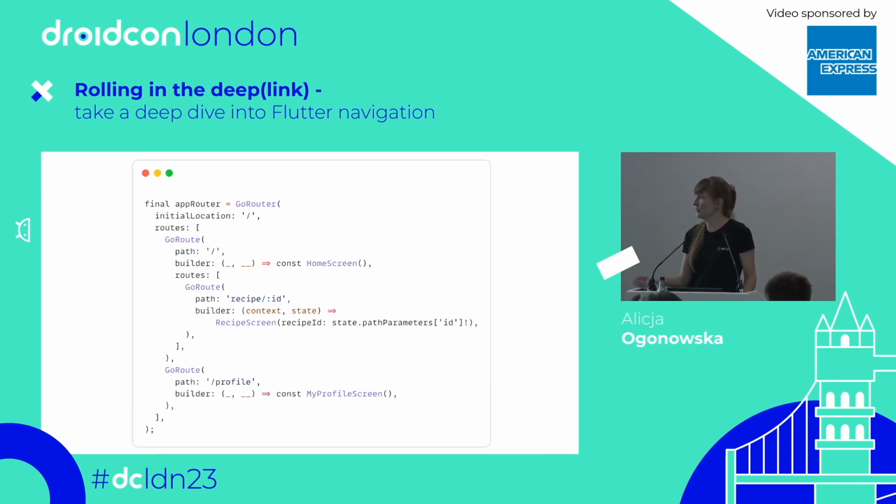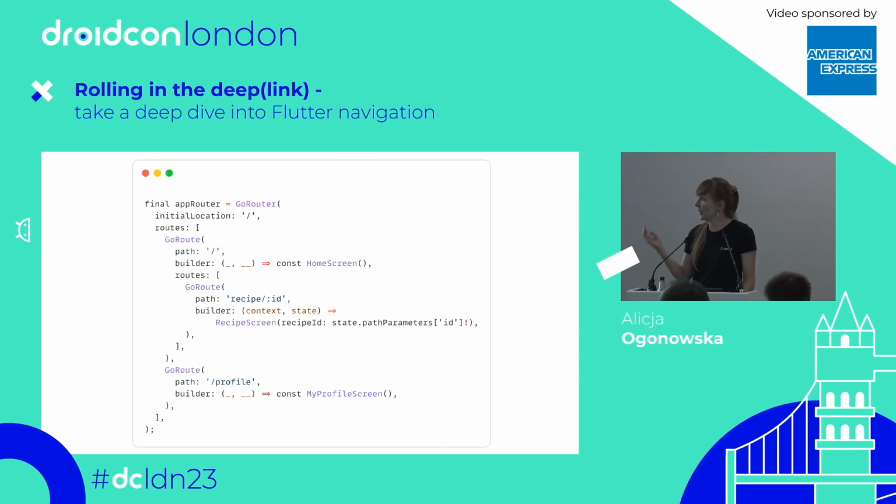So in here, this is a very simple initialization. You define your initial location, and you can define some paths. So for example, my initial path is just a slash, and it will be resolved to a home page. And you can notice that it has a subroute inside of it that will be leading to a recipe screen.